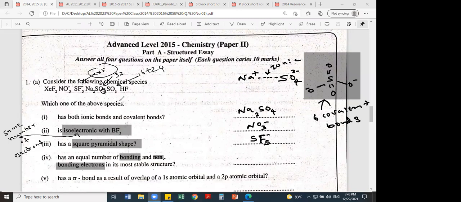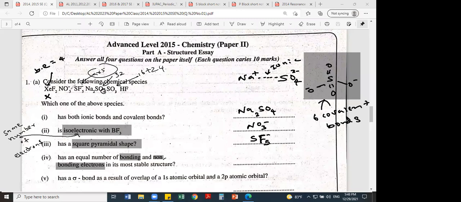If you take xenon, bonding electrons 4, because 2 bonds in xenon here. But you can see one fluorine has 3 lone pairs, 6 electrons, then it will become 12, so we have to reject this.